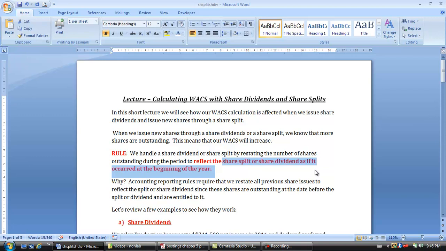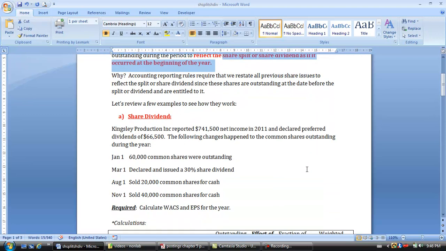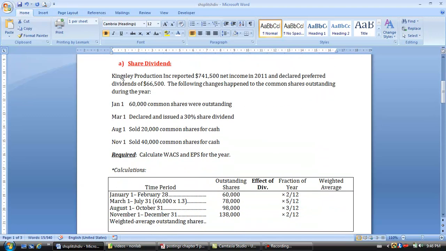Okay, so now let's have a look to see how this will work if you have a share dividend. Kingsley Production reported $741,500 in net income. They declared preferred share dividends of $66,500. We can see that they started 2011 with 60,000 shares. Then in March, they declared and issued a 30% share dividend.